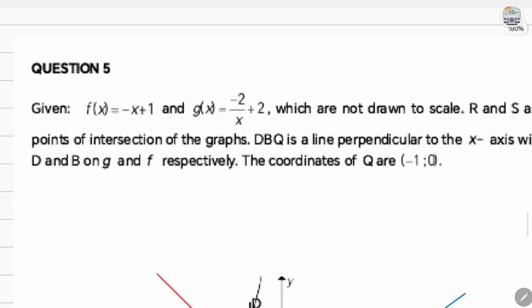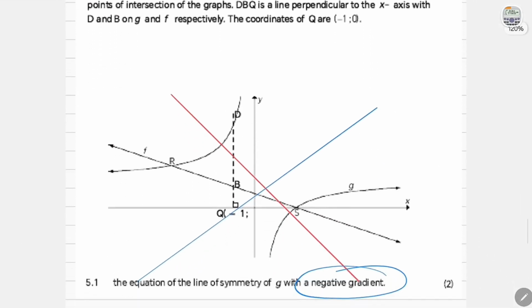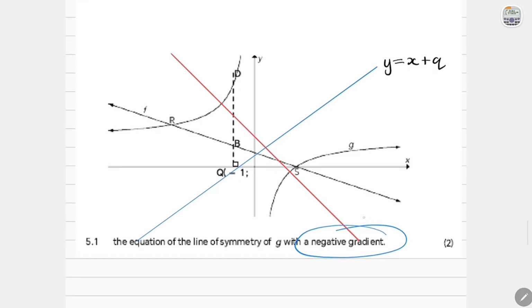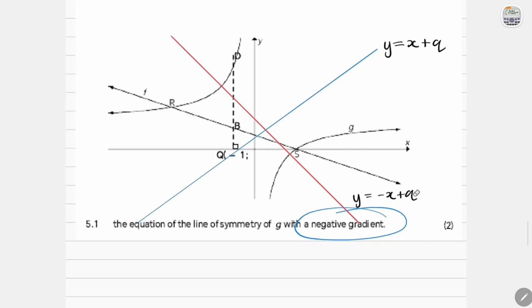Remember that the general form of a hyperbola in grade 10 is y equals a over x plus q. So the equation of the line of symmetry with a positive gradient is simply y equals positive x plus q, and that's it. And the one with a negative gradient is simply y equals negative x plus q. So all we have to do is find the value of q.